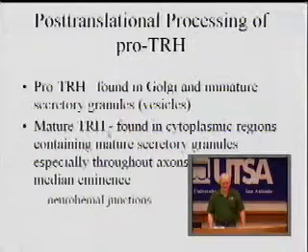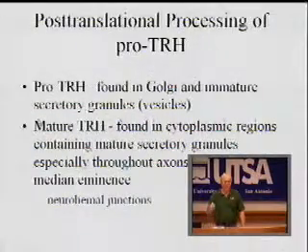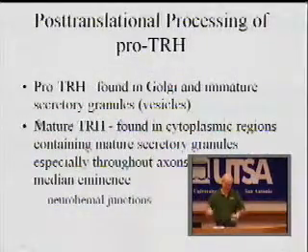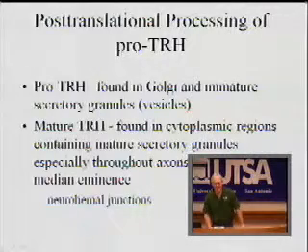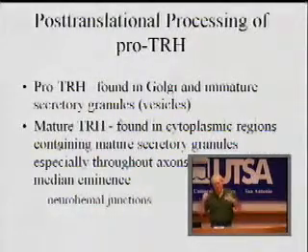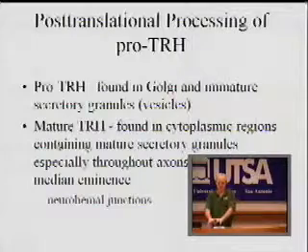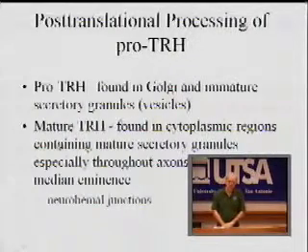secretory neurons, neurohormonal secretory neurons. Whatever. You know what I mean. So the mature TRH is found in the cytoplasmic regions, remote from the Golgi. And remember, the vesicles can accumulate within the soma and even into the dendrites, but also is transported anterogradally down the axon.